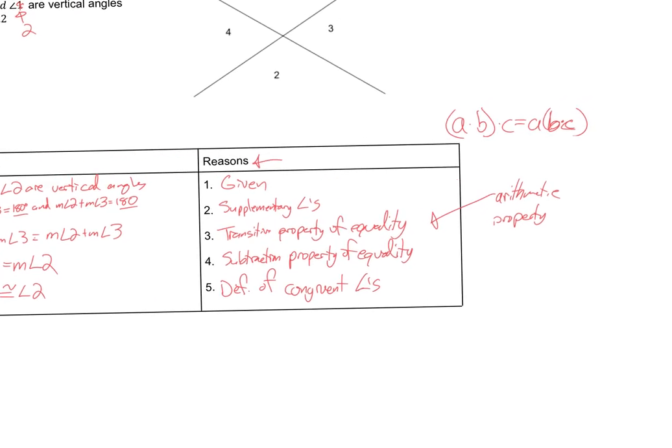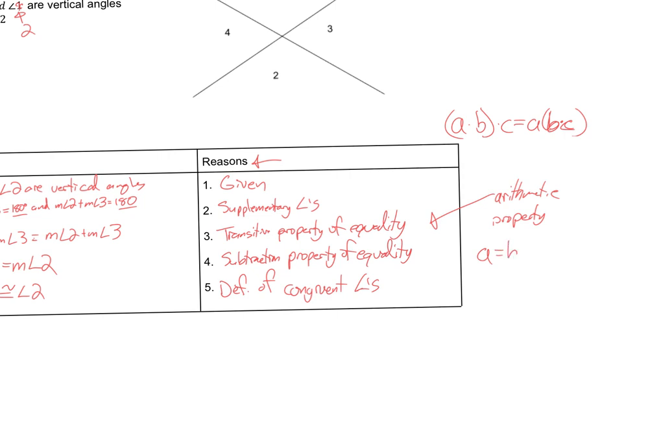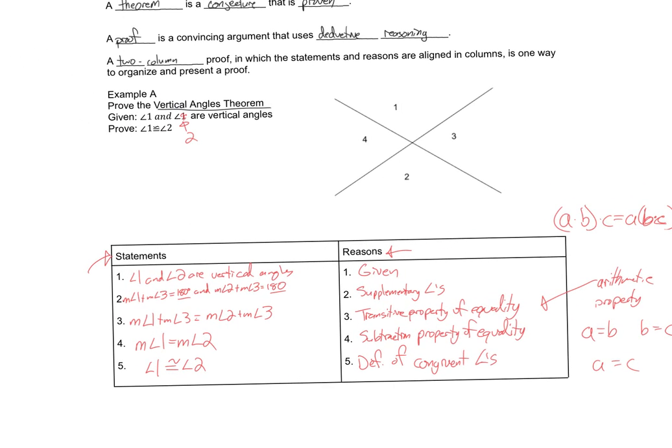The transitive property says, well, if a equals b and b equals c, then a equals c. So we use two properties of equalities here. And this proves our theorem. If we restate this in regular words, if 1 plus 3 is 180 and 2 plus 3 is 180, that means 1 and 2 have to be the same. We showed all the steps to prove that conjecture that vertical angles are congruent into a theorem.